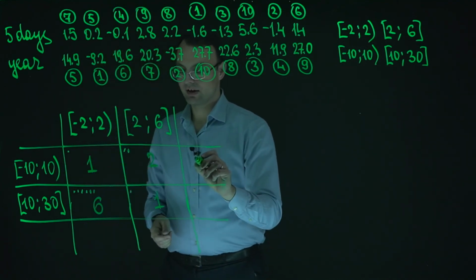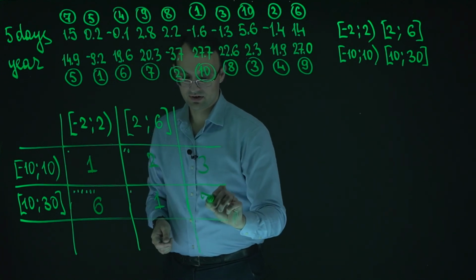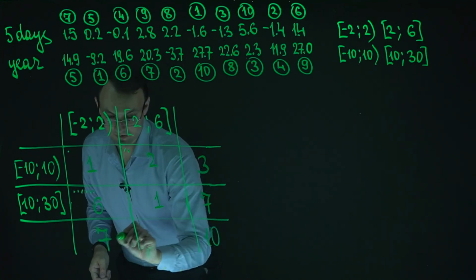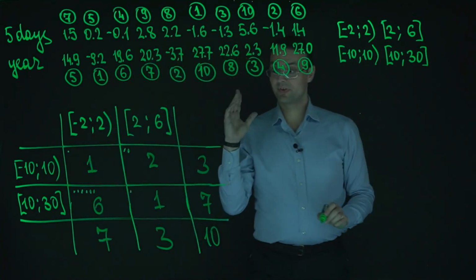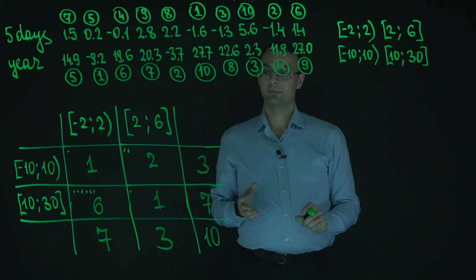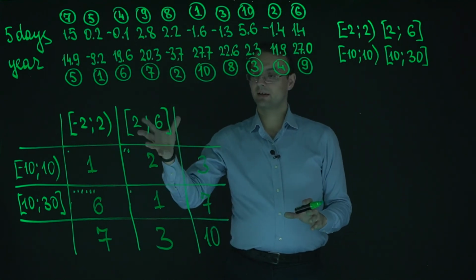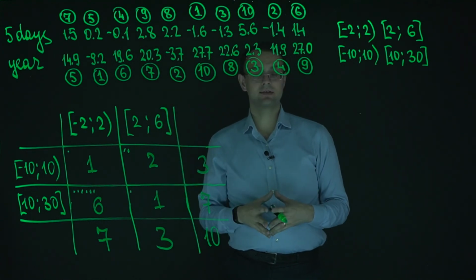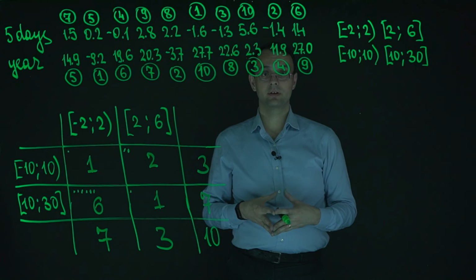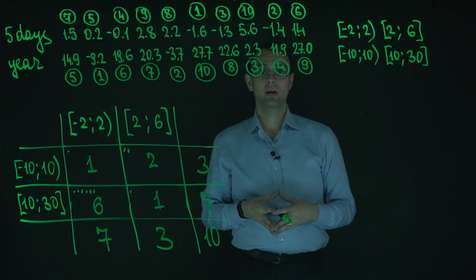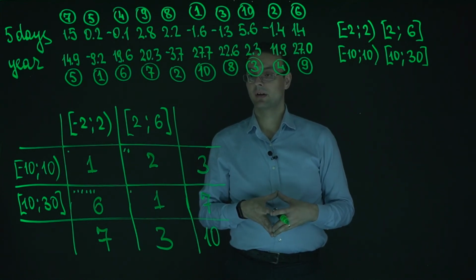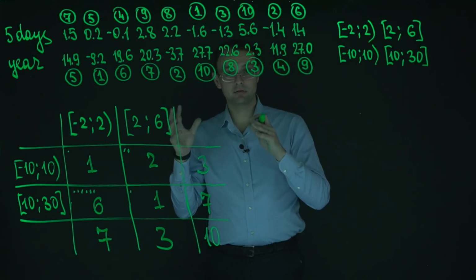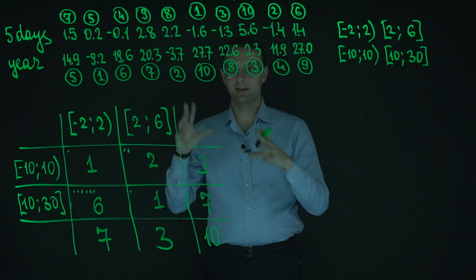These marginal sums are 3, 7, 7, 3. So this is the contingency table. Then we can apply Pearson's chi-square test or other tests that are special for nominal data. So these were the examples of how we can switch from the numerical scale to the ordinal scale and to the nominal scale.